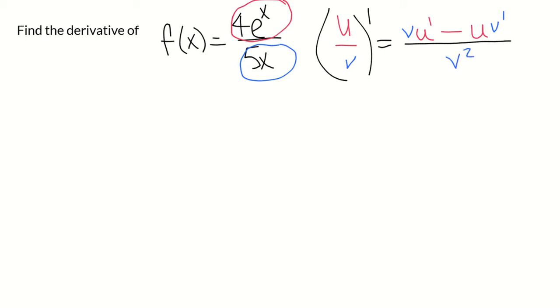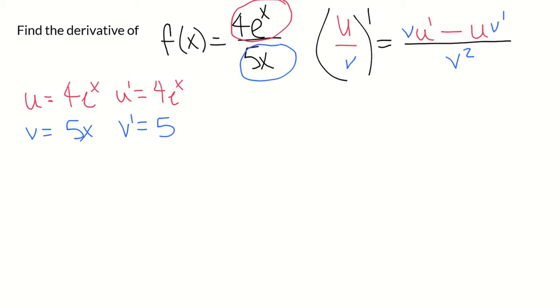Okay, so I like to first find all of those functions. So u is just the top function, so 4e to the x, and then u prime is going to be the derivative of 4e to the x, which is just 4e to the x. v is the bottom function, so 5x. The derivative of 5x is going to be 5. So let's plug those into this formula.